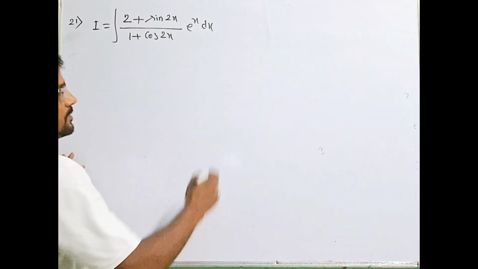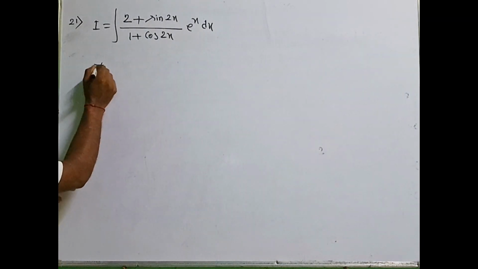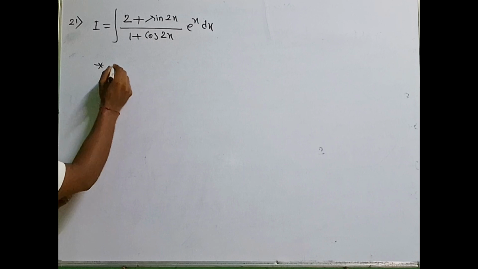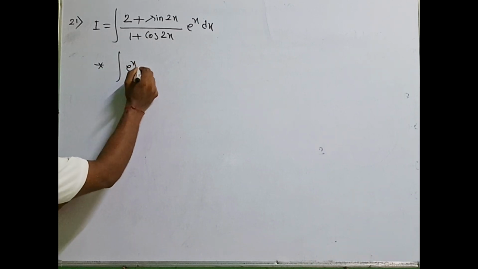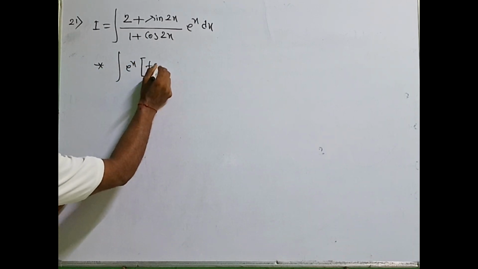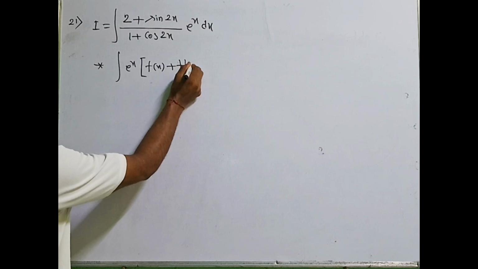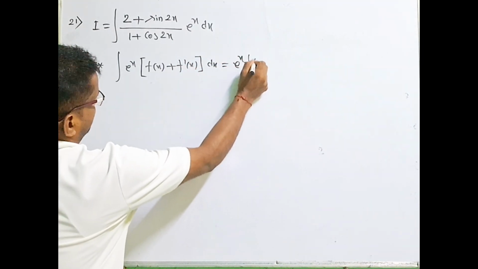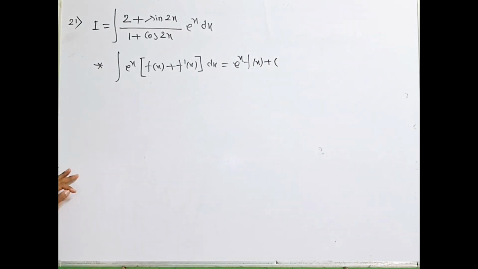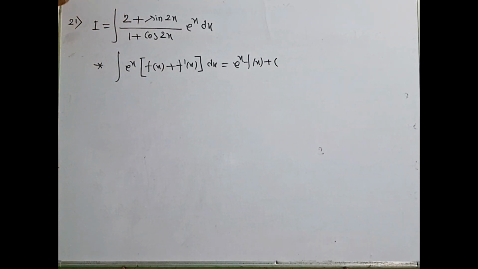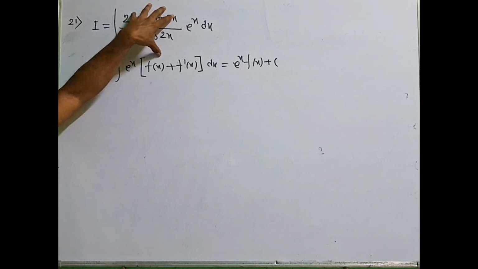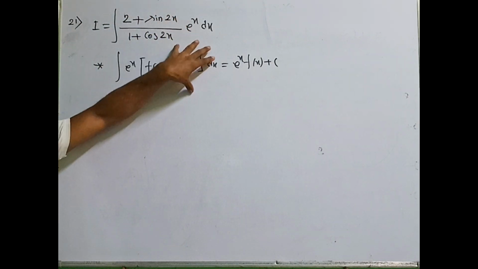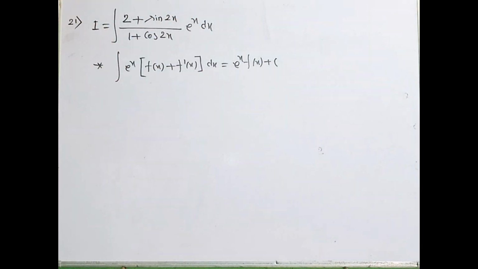Already you know that special integration property known to us: the integration of e to the power x times f(x) plus f dash (x) becomes e to the power x f of x plus c. This type of integral is known to us, and this function is to be expressed in this form so that we can write the integral.